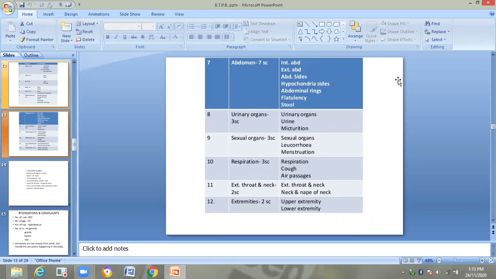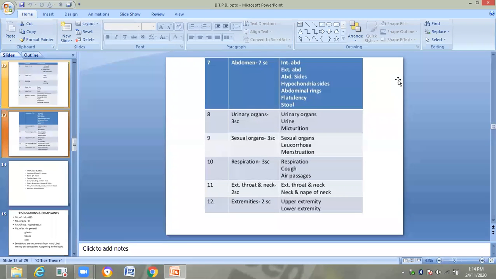Then under abdomen, there are 7 subsections, that is internal abdomen, external abdomen, abdomen sides, hypochondriac sides, abdominal rings, flatulency and stool. Then under urinary organs, there are 3 subsections, that is urinary organs, urine and urination. Under sexual organs, there are 3 subsections, that is sexual organs, euphoria and menstruation.